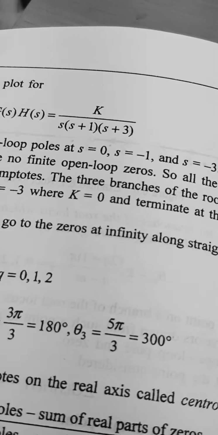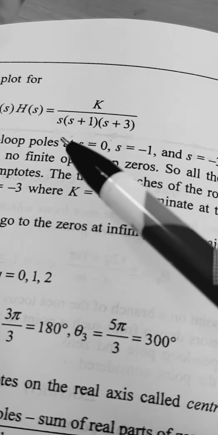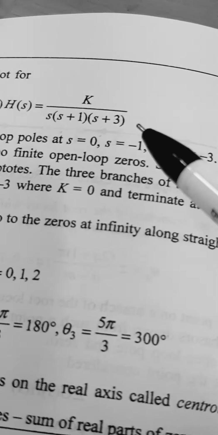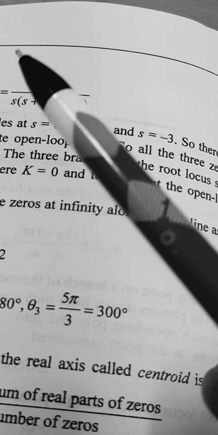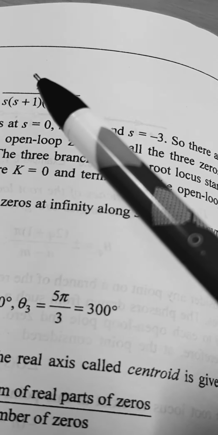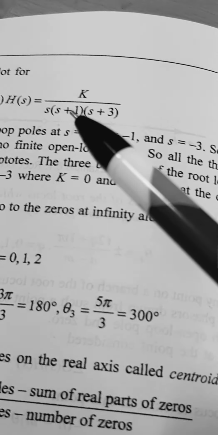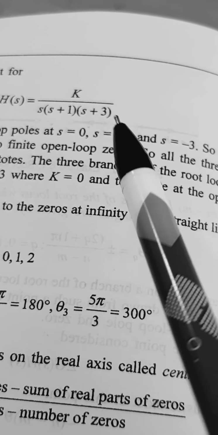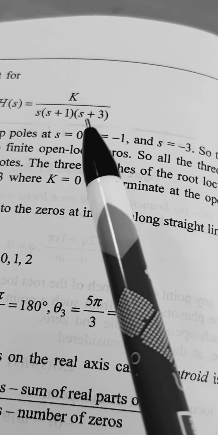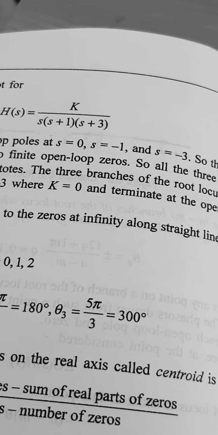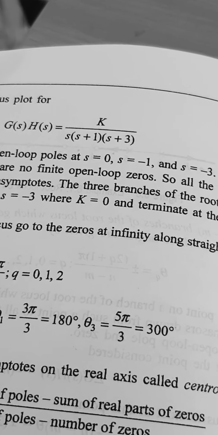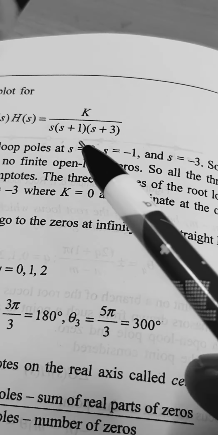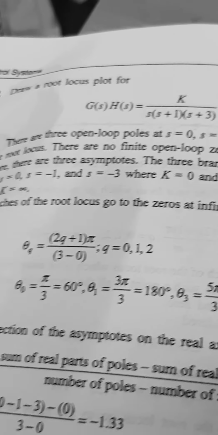So here in this example there is no zero, so there are 3 branches that terminate at infinity, and the branches will start at s is equal to 0, s is equal to minus 1 and s is equal to minus 3.